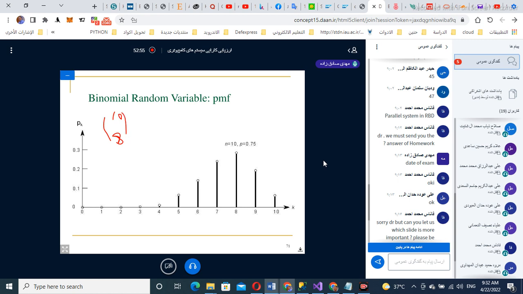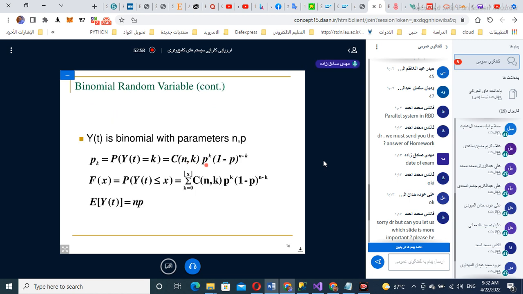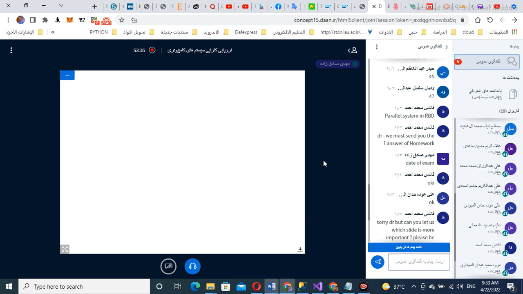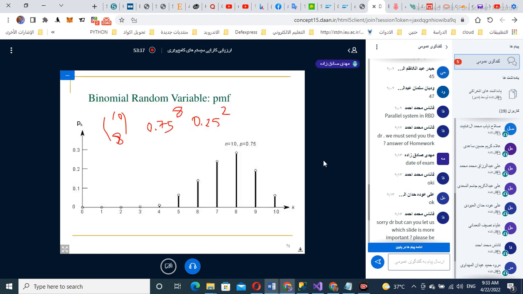Based on here, 8 from 10, p exponent k, that is 0.75 exponent 8, 1 minus p, that is 0.25, exponent 2, because n minus k, 10 minus 8, that is 2.